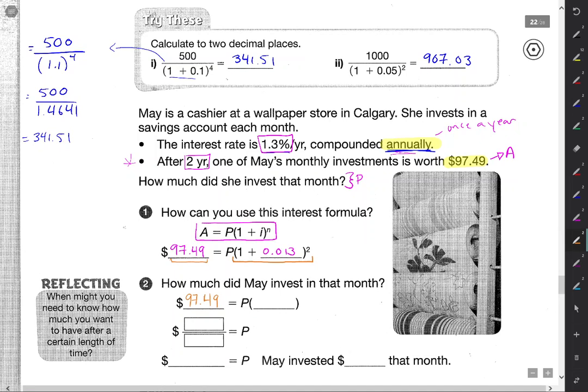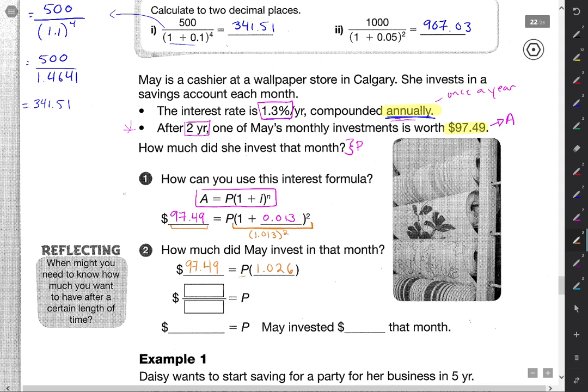But let's tidy up this side. So do 1 plus 0.013 in the brackets, which would be 1.013, and then that to the power of 2. So if you do that, you should get 1.026.